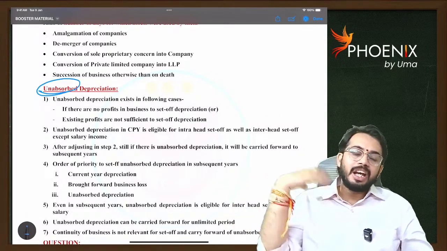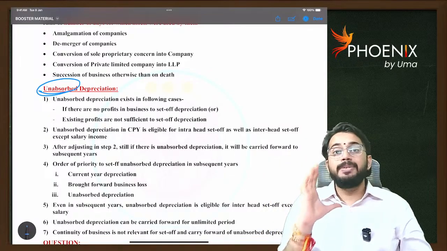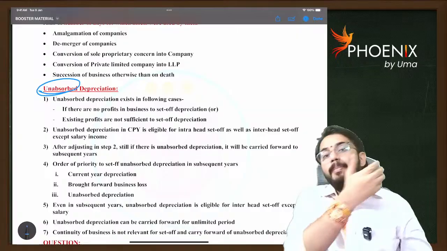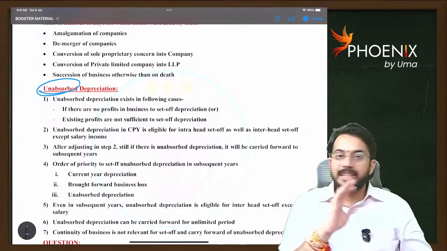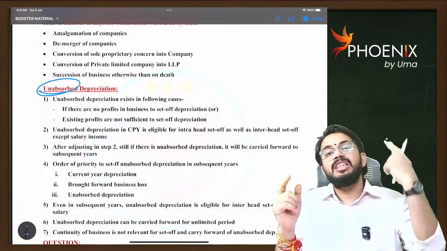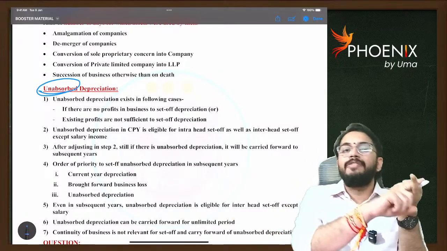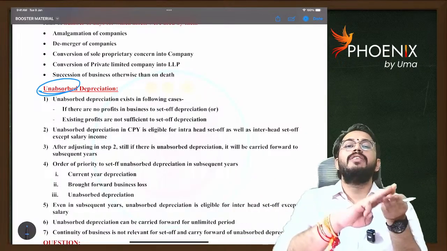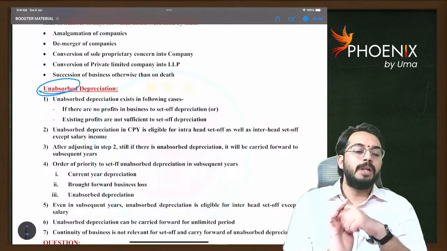Okay, and in the next year, that balance unabsorbed depreciation will be set off. Next year, will you set off this brought forward unabsorbed depreciation first? No. In the next year, depreciation will be there now. So against next year profits, first you will set off next year depreciation, next you will set off brought forward losses, then only you will set off brought forward unabsorbed depreciation.